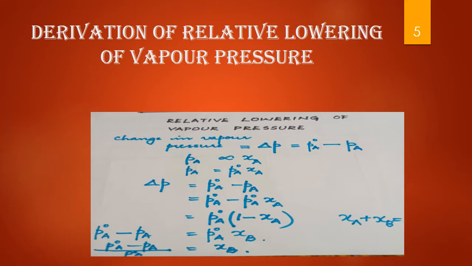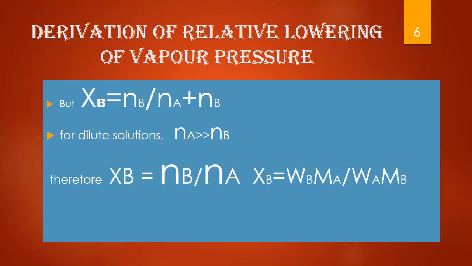What do you understand by XB? It is the mole fraction of the solute. Mole fraction of the solute can be calculated using the formula nB divided by nA plus nB. Here we are taking a dilute solution. So the amount of solute dissolved is comparatively less. That means nA value is much greater than nB.